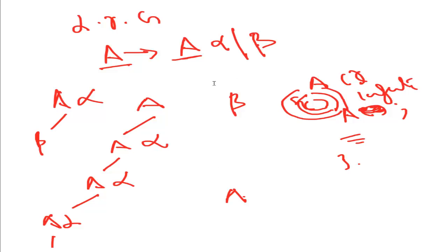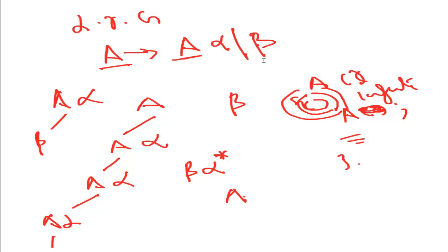This is going to be beta alpha star: either a single beta with no alpha, or beta alpha, or infinitely many alphas. Simply, A generates all strings starting with beta and followed by any number of alphas. So this will not help.